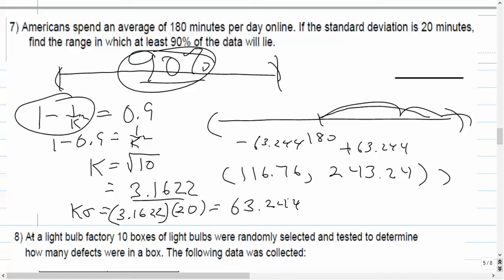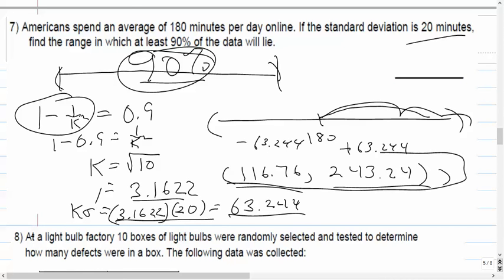So I need to be 3.1622 standard deviations. The standard deviation is 20. So if I multiply 3.1622 by 20, I get 63.244. That's the distance I need to be from the mean. When I add it, I get 243. When I subtract it, I get 116. And so here is the interval that answers the question.